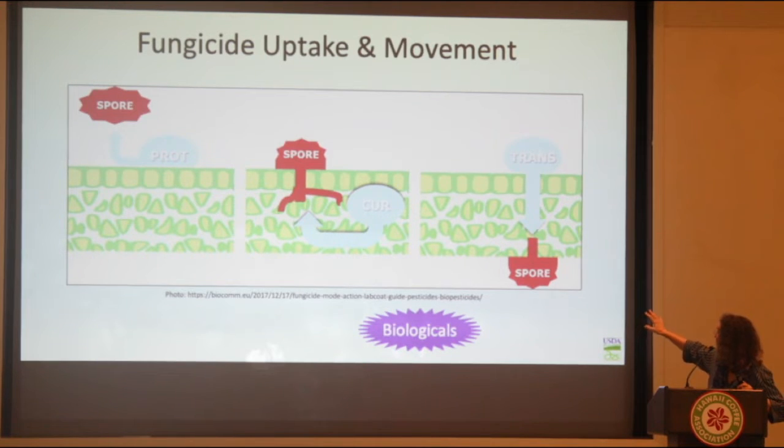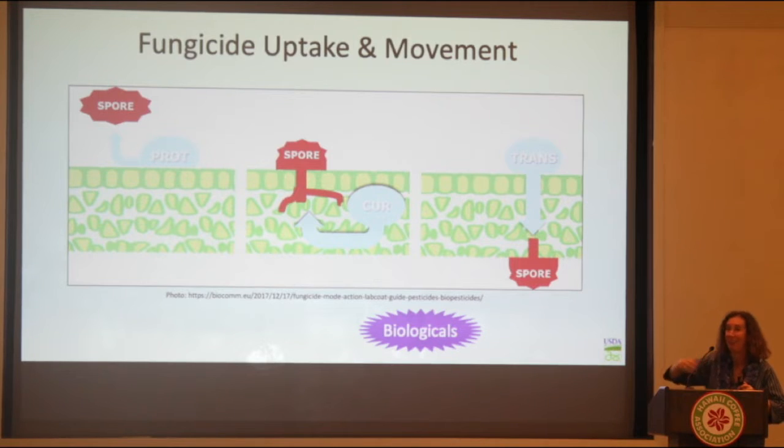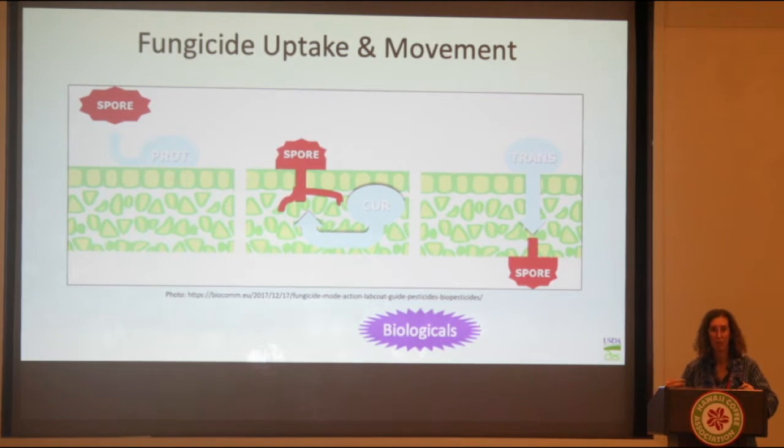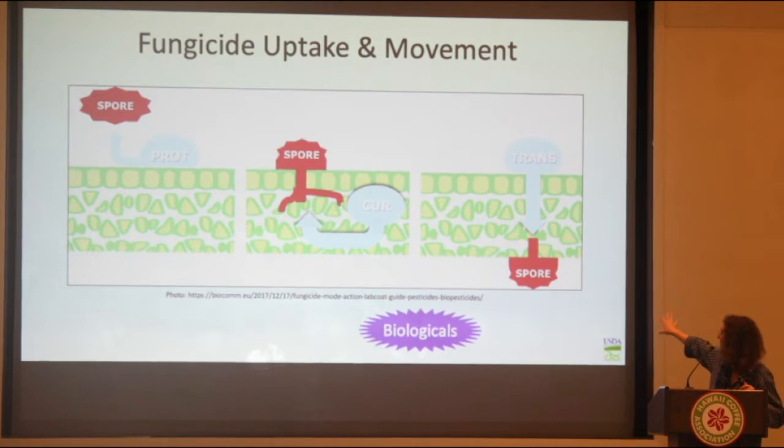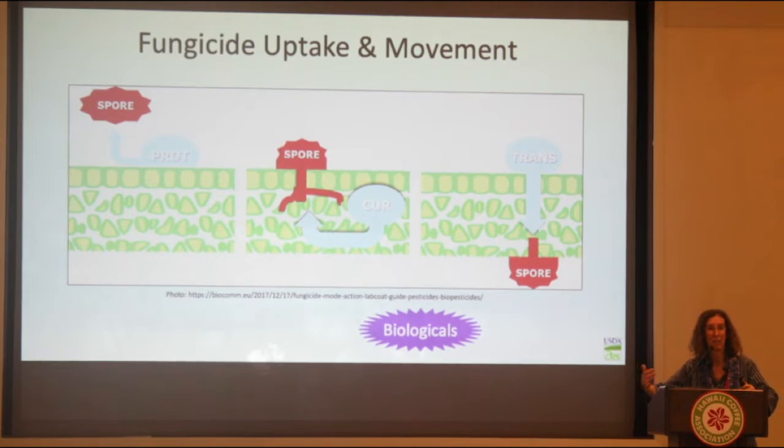The translaminar gives protection to that leaf, with some local curative effect. With the true systemic, wherever the spore germinates and tries to grow within the leaf material, that's where you see the curative properties. And that also carries into the new leaf growth.